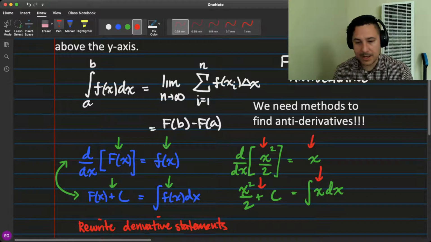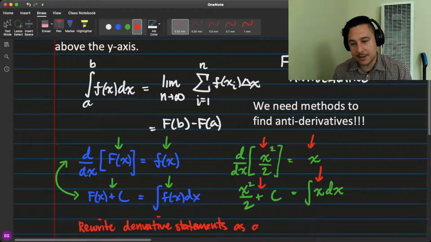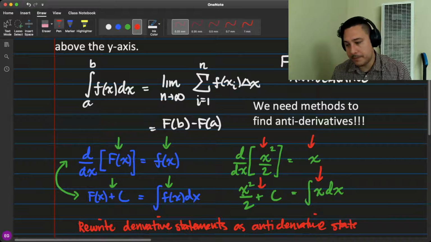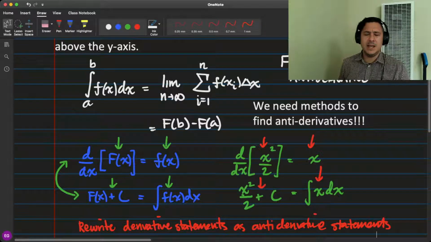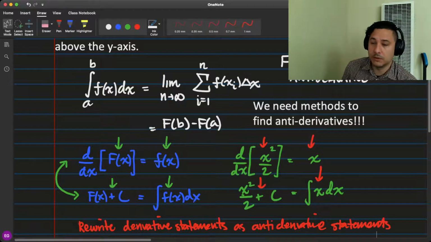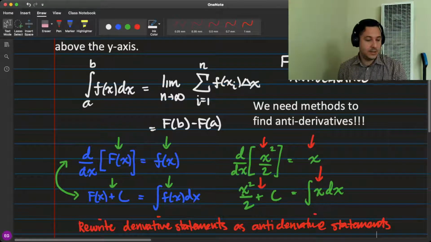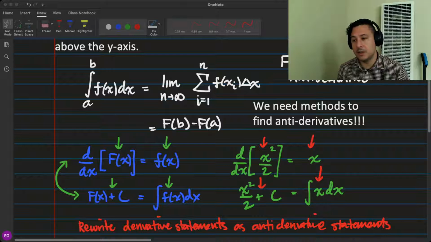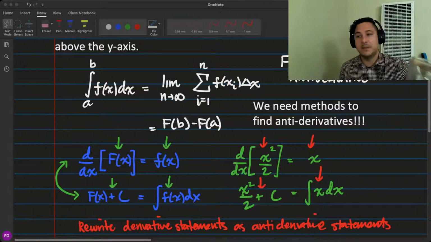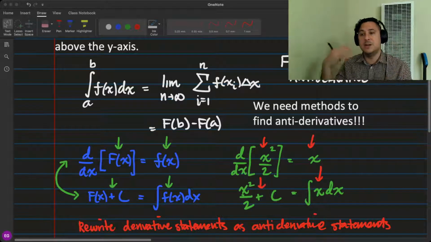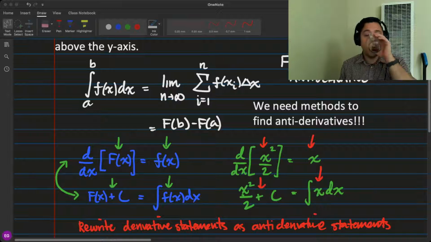In other words, any derivative rule that you know can be turned into an integral rule to find an antiderivative. So that's good so far. All that stuff you learned last semester about derivatives still applies, in the sense that you can rewrite it into an integral or an antiderivative.